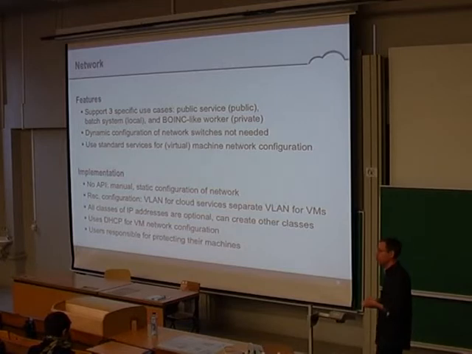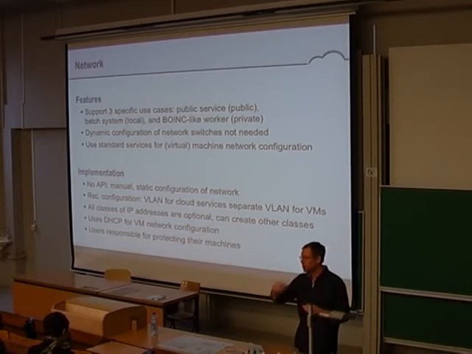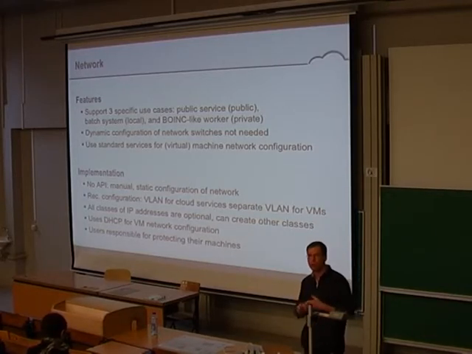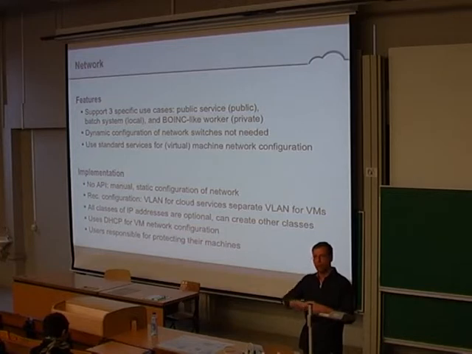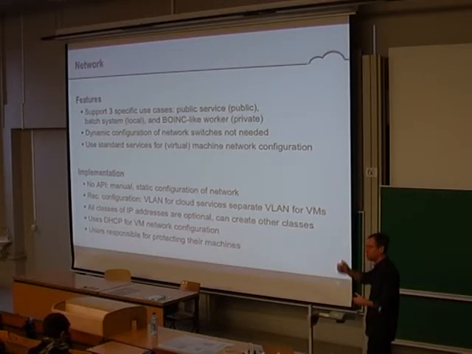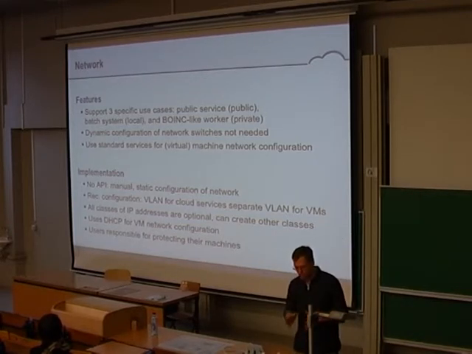We needed them to be able to deploy batch systems where you really only need network interconnectivity between nodes within the cloud itself. And the third one is pull-like workers, where you have a worker which just does work and contacts some external server every so often to feed back work or get new work, where you don't really need any connectivity at all except outbound IP connectivity. So those are the three use cases we actually support with our networking.